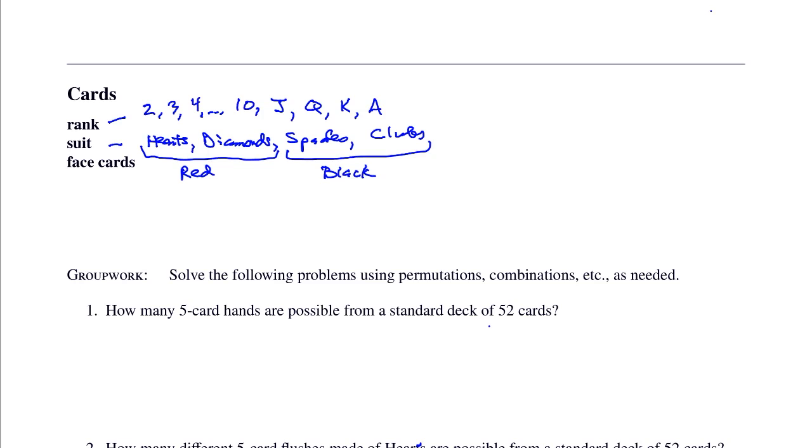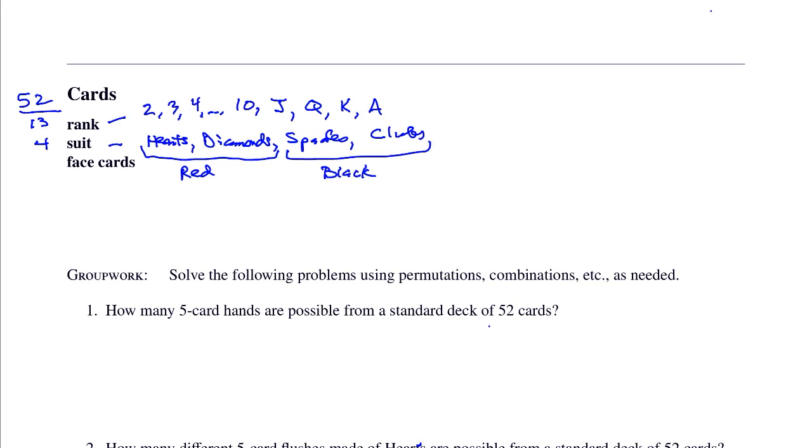How many different suits are there? There are 4 suits. How many different ranks are there? 13 ranks. For a total of 52 cards. Not counting jokers, right? So what you'll see me write in questions is standard deck of 52 cards. No jokers, just the 13 ranks and the 4 suits.